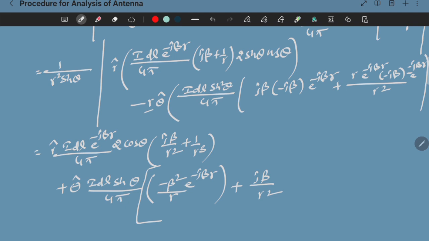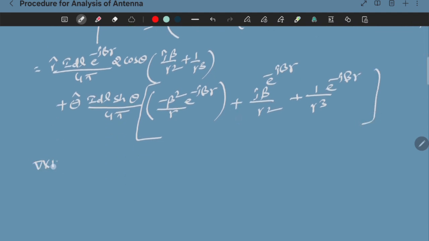Next, since 1 by r is coming, here you will get plus 1 by r cube. Anyhow, here e power minus j beta r is available.